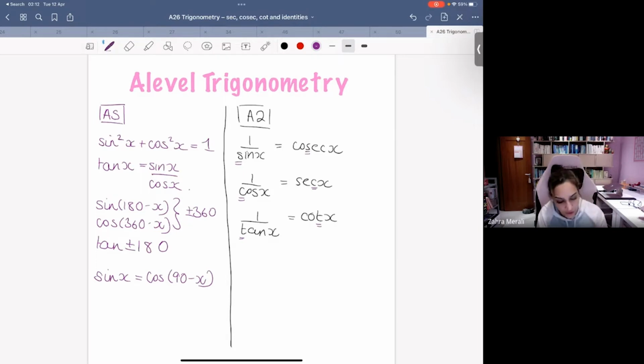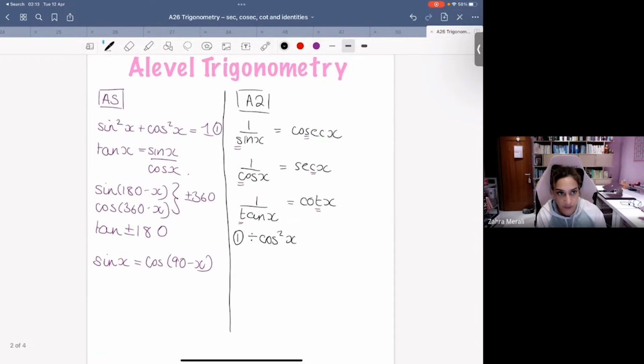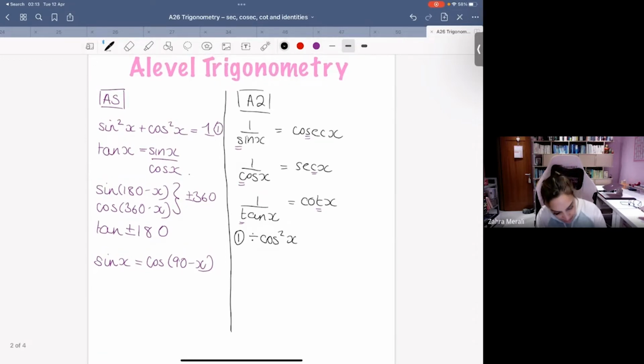What we can do, and these are the identities that we're going to be using in the next bit, we'll do the double angle formulas in another bit. We take that equation 1 and we divide it by cos squared x. Now, sine squared divided by cos squared gives you tan squared.